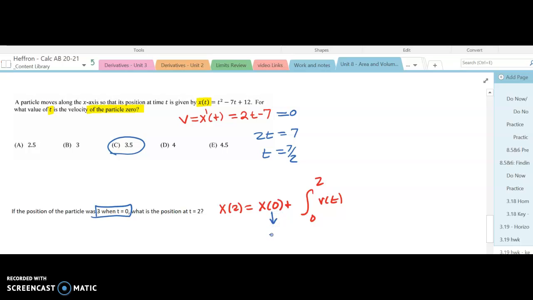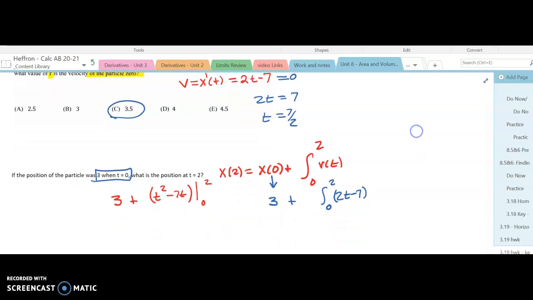So this is kind of an error, but let's just go through this process. At 0, we know our position is 3, and we're going to integrate from 0 to 2, 2t minus 7. So we will have 3 plus, the antiderivative here will be t squared minus 7t from 0 to 2.